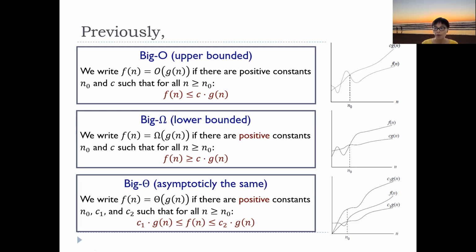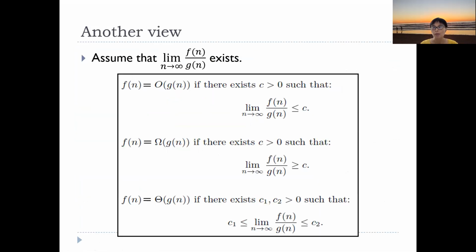Now, we also introduced an alternative way to understand this notation, which is to use the limit of the ratio f of n over g of n. Intuitively, if in the limit this ratio is smaller than c, what does that mean?